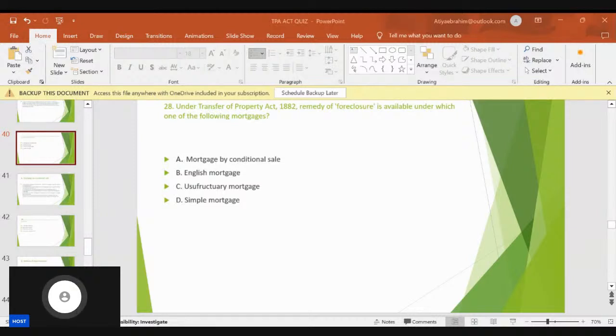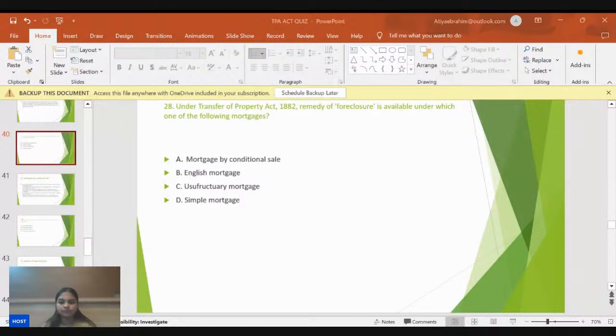In which of the mortgages do you have this remedy of foreclosure? Twenty-eight C. Priyanka says C.